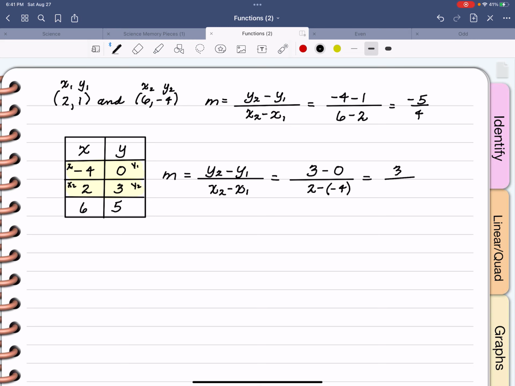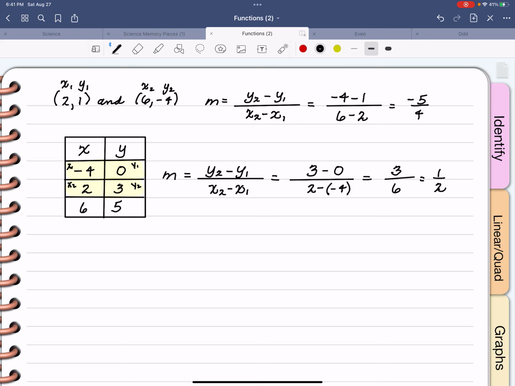So you end up with 3 over 6, and that simplifies down to 1/2. So the slope of this line would be 1/2 positive.